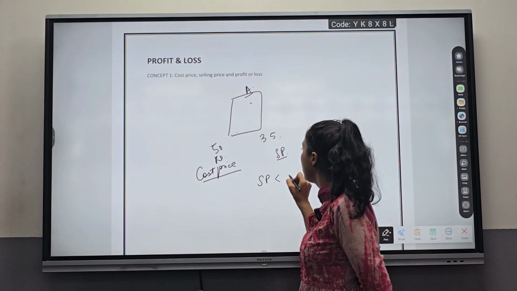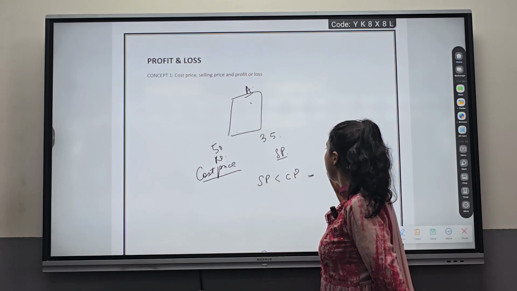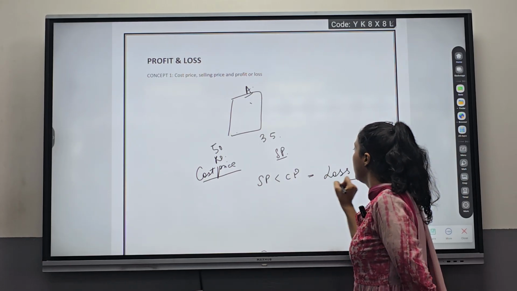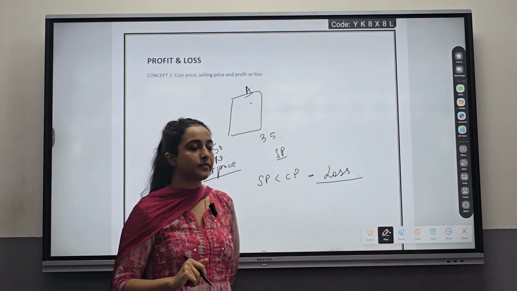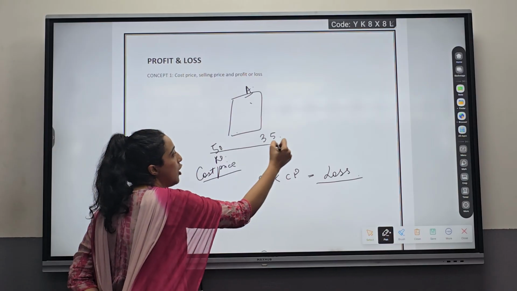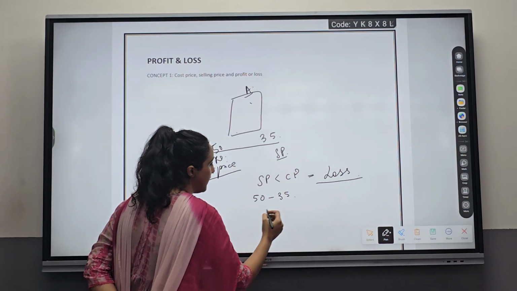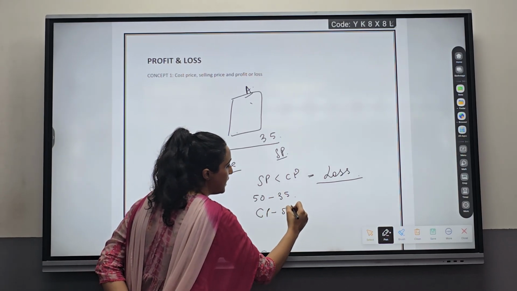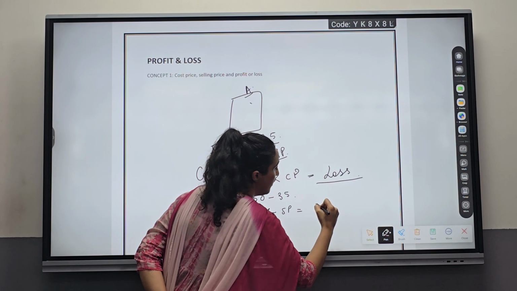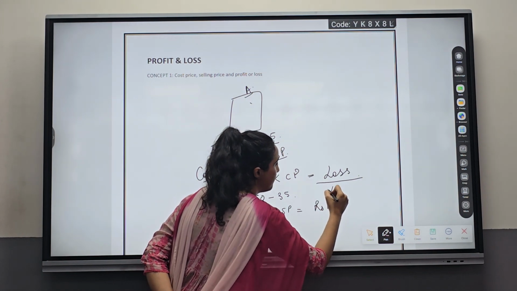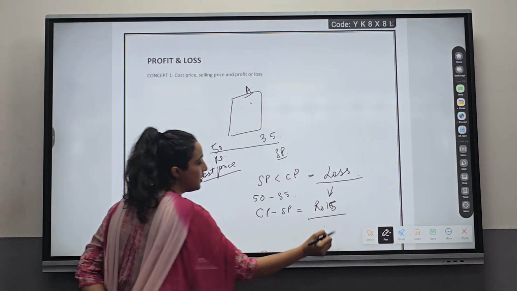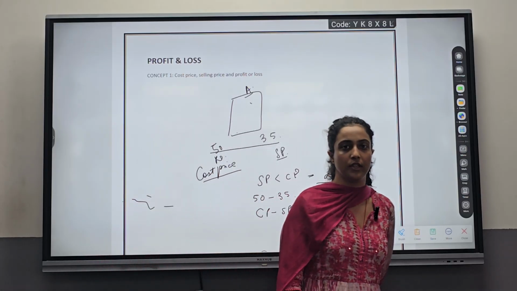Selling price is lower than cost price. This means you have incurred a loss in this transaction, right? And loss of how much? 50 minus 35. That is cost price minus selling price. So loss of ₹15. This will be your loss in this transaction, right?